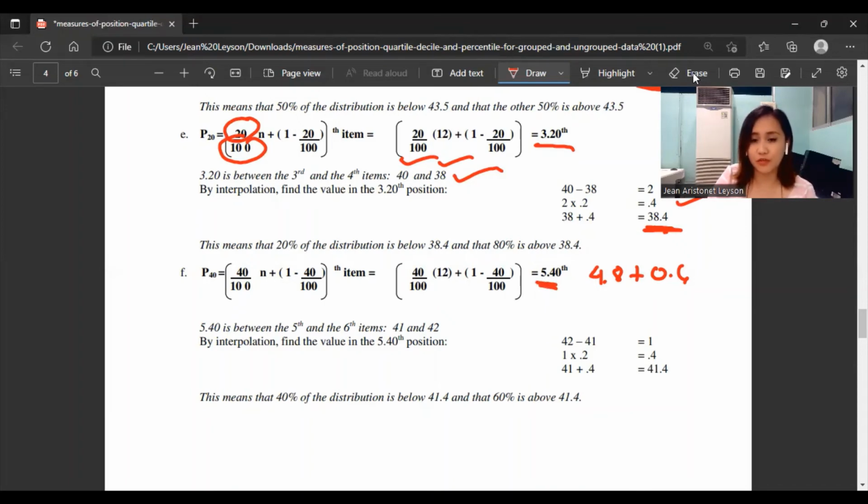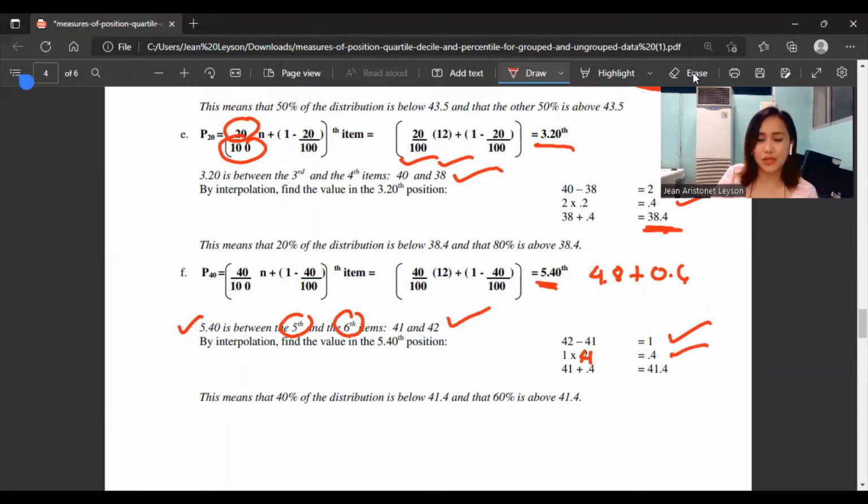Or the 5.40th position. Now 5.40 is between the fifth and the sixth items, 41 and 42. So interpolate. 42 minus 41 is 1. Multiply 1 by the decimal point, which should be 0.4. So 1 times 0.4, that's still 0.4.